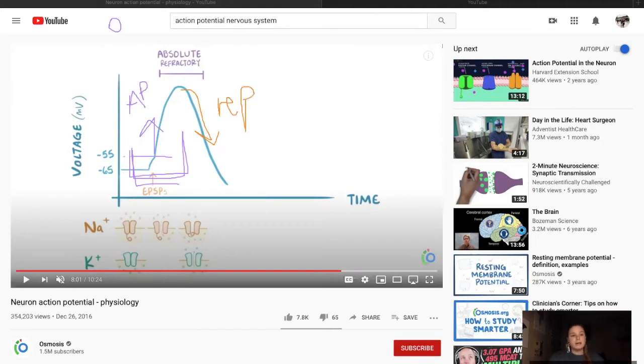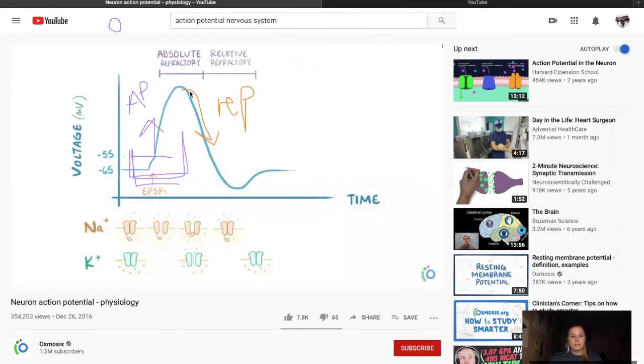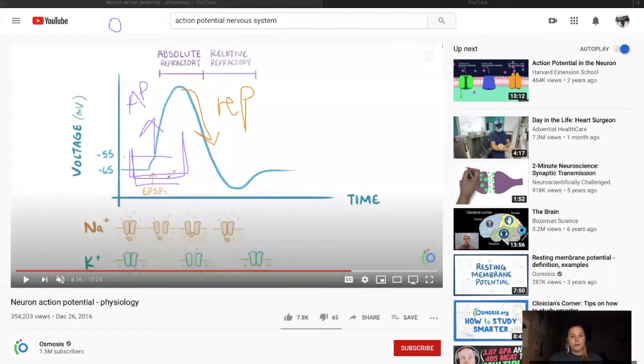And then it does this thing and it dips. Okay, it dips. So this dip, we've gone past this -65 right here, right? This is hyperpolarization. We've gone too far down. We've gone too negative.